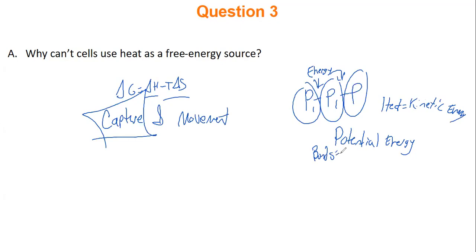So since bonds have these potential energies, once we move the phosphates around, we're unlocking that potential energy to do work. Heat just makes stuff vibrate. Can't capture heat, and the second reason is that heat, if I use more scientific words, is kinetic energy. It's the energy of motion.